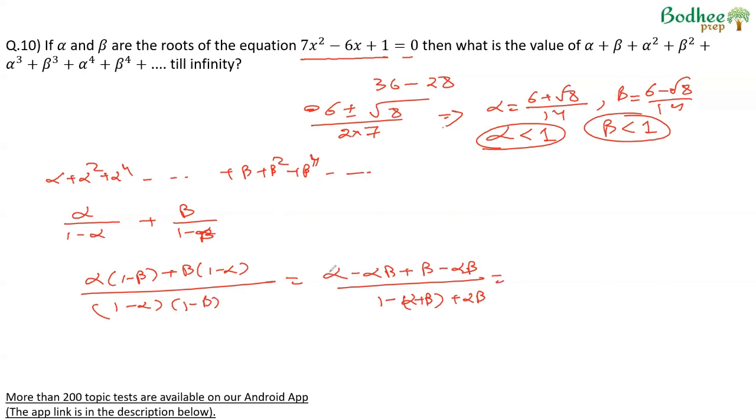So alpha plus beta would be 6 by 7, minus 2 alpha beta, where alpha beta is 1 by 7, upon 1 minus alpha plus beta, which is 6 by 7, plus alpha beta, which is 1 by 7. So the numerator becomes 6 minus 2, which is 4 by 7.